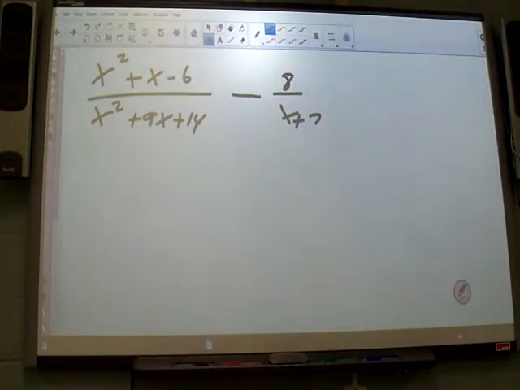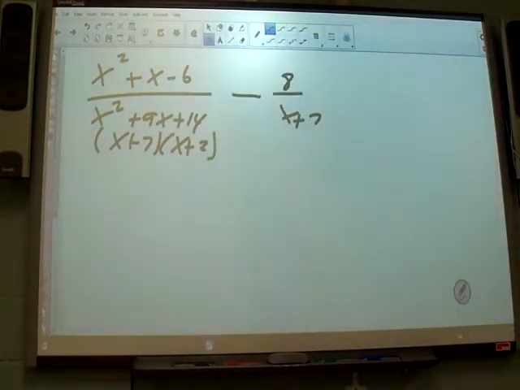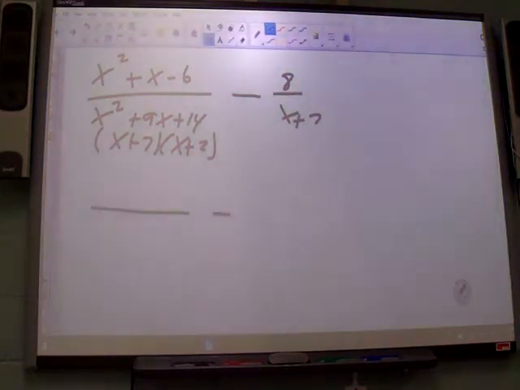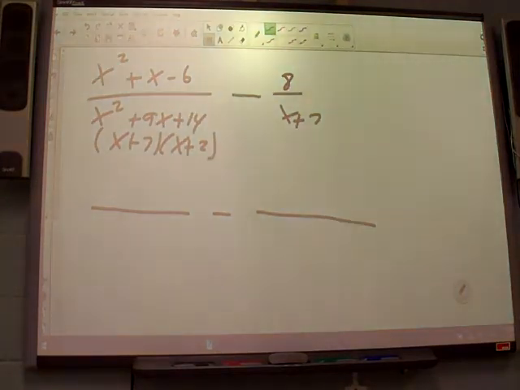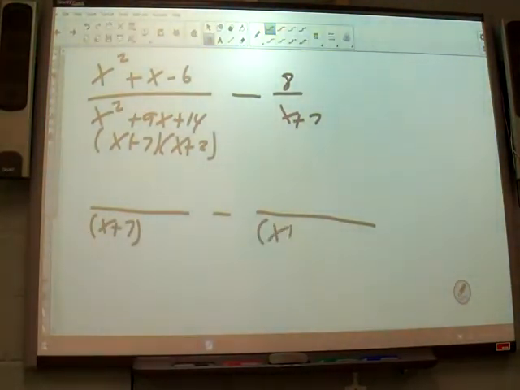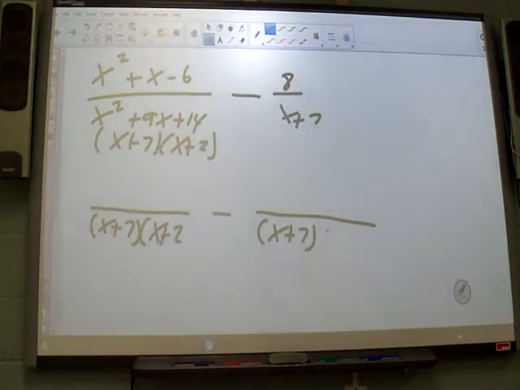Okay, what multiplies to make 14 and adds to make 9 is 7 and 2. So we know now when we drop down a line here to start writing our common denominator, if it shows up in one of these denominators, it's got to be a part of our common denominator. So I've got to have an x plus 7 on both sides. And I got to have an x plus 2 on both sides.